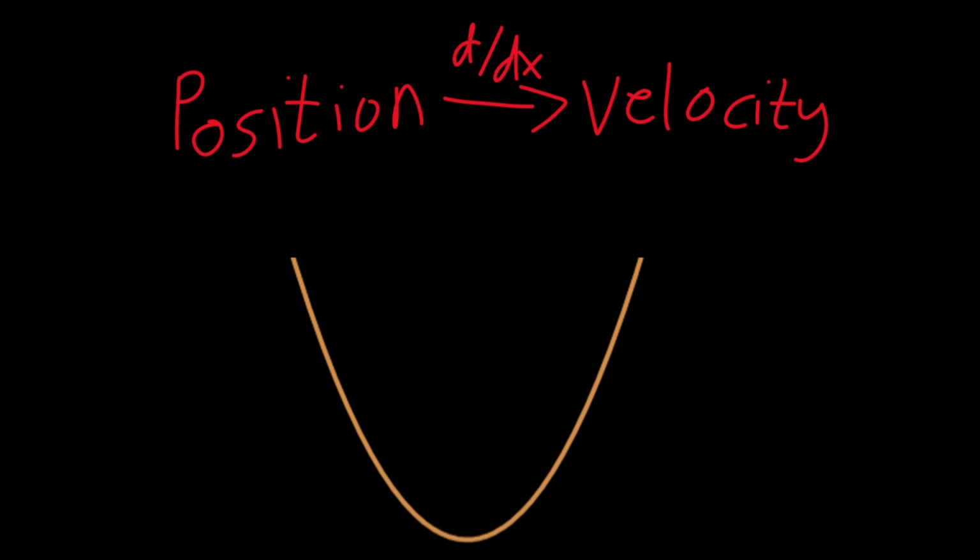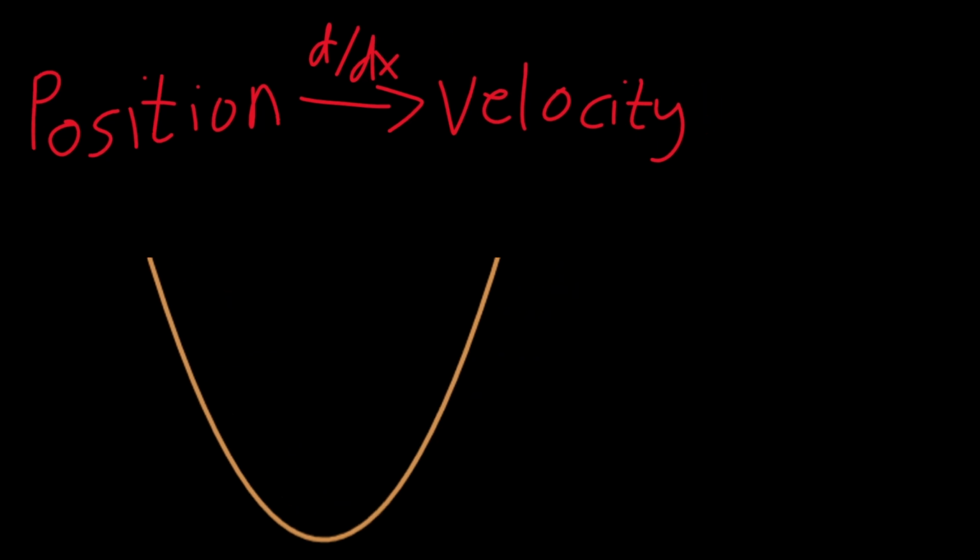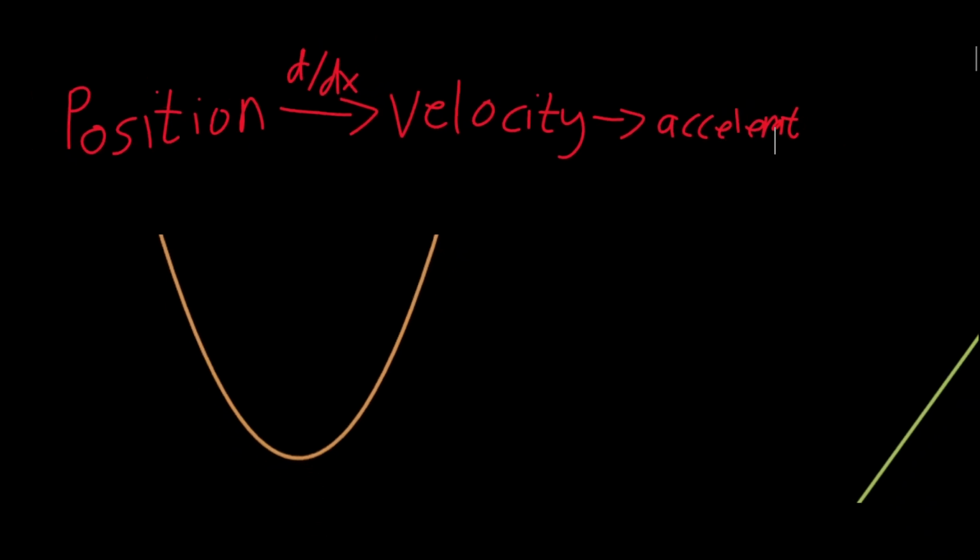And if we apply the derivative again, what we end up with is our acceleration. So by applying our derivative to position, we get velocity, and by applying the derivative to velocity, we get acceleration.